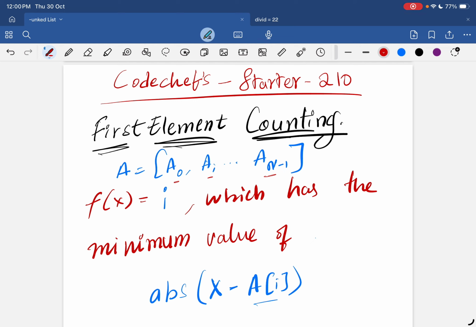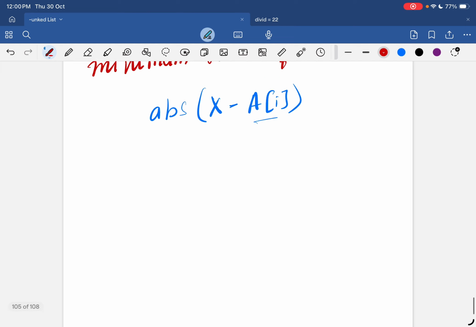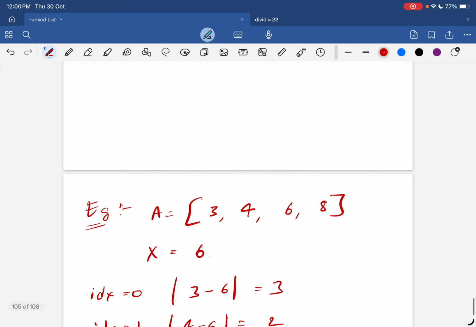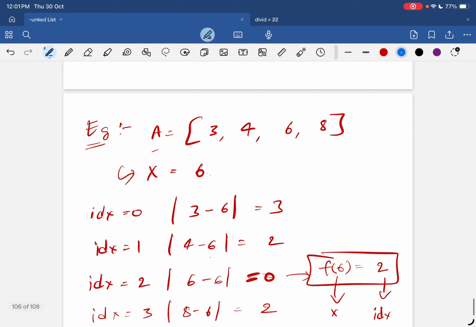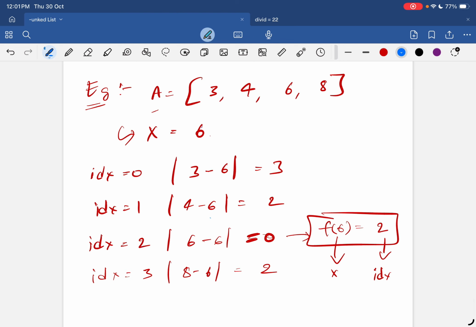Let's try to understand what this function means. Let's take an example. Given an array consisting of 4 elements, 3, 4, 6 and 8, and let's assume x value as 6. So the function f(x) calculates in the following way. At index 0, the absolute difference between 6 and 3 is 3.